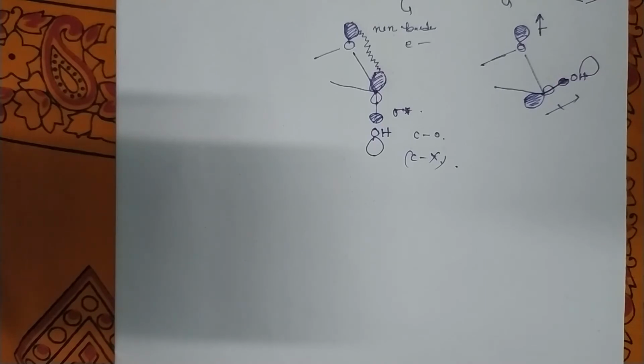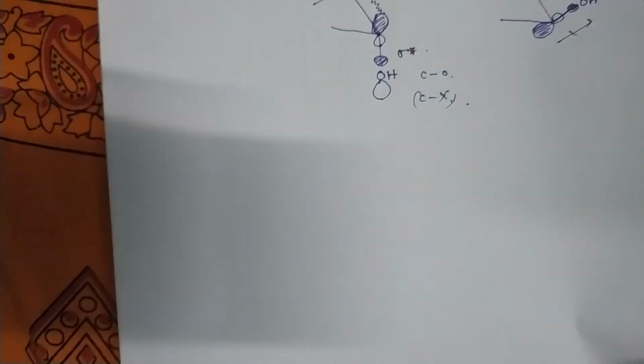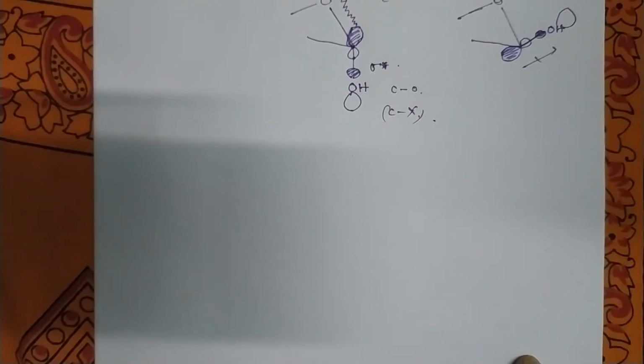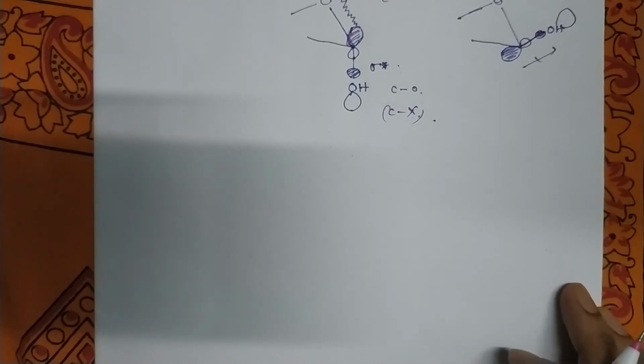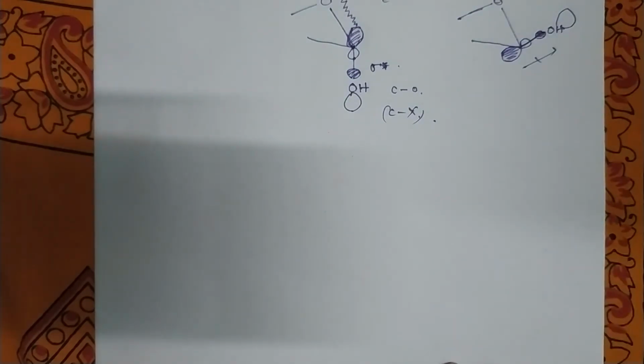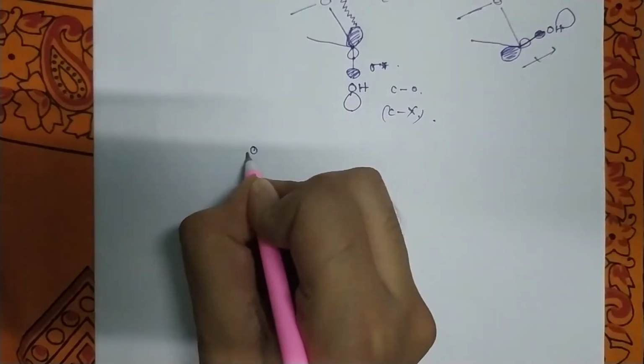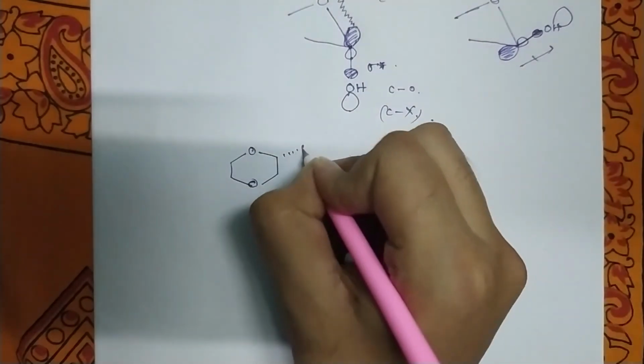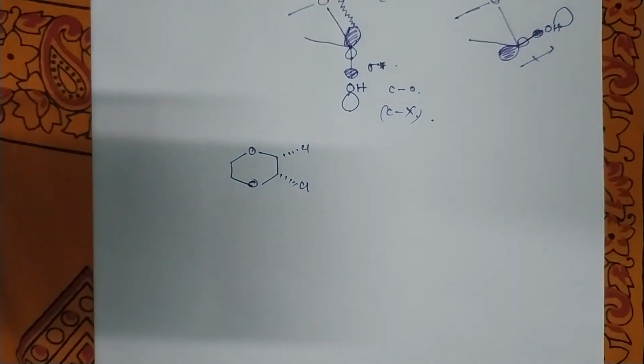So let's have some evidence. I will remind you that this evidence can come in exams in the form of questions also. Let's try to understand this with some patience. Now I will draw a cyclic structure, like this, a chlorine-substituted dioxane.